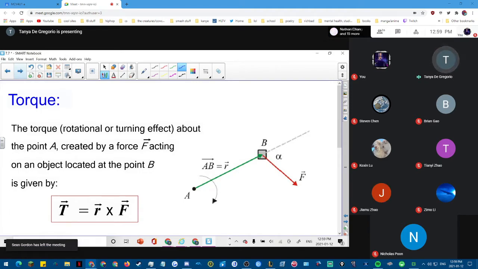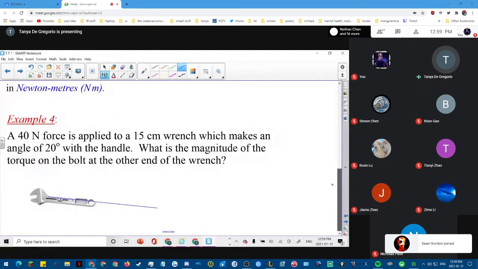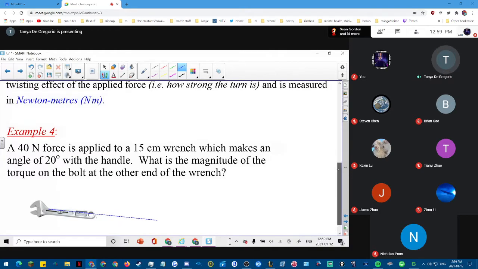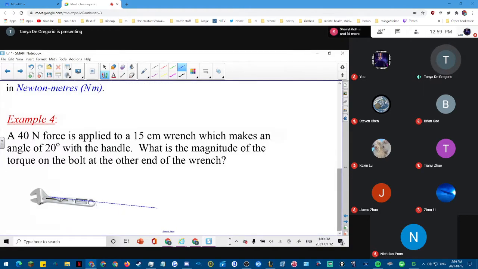So I think the easiest example to look at is that of a wrench. Another good example to think about is hinges on a door, like a door opening and closing, because it's a rotational force, right? So when we think of a wrench, when you hold a wrench and then you pull that lever down, it's a rotational force, right? There's an angle that's being formed there.